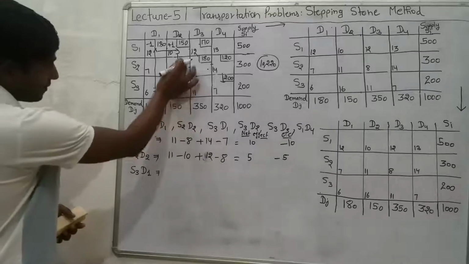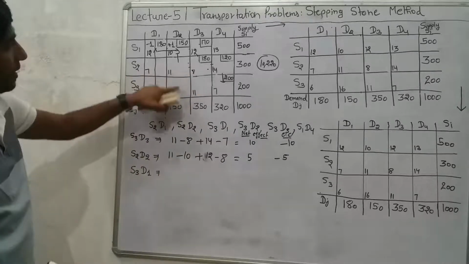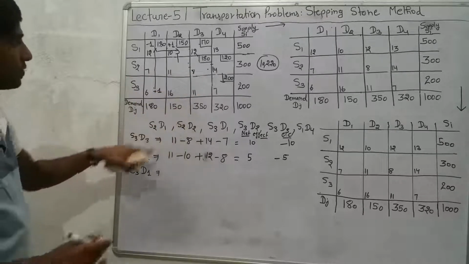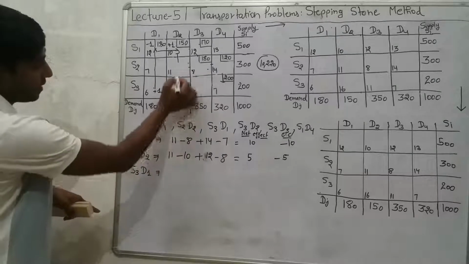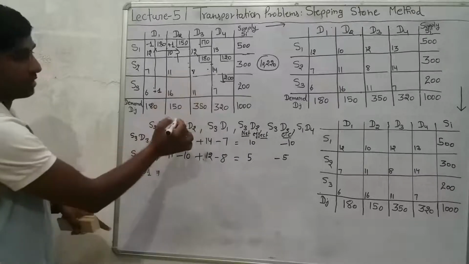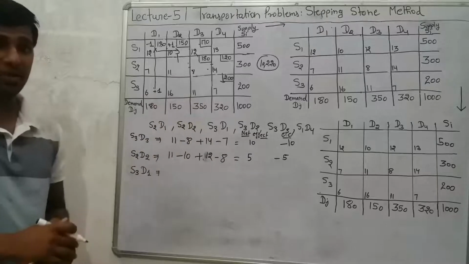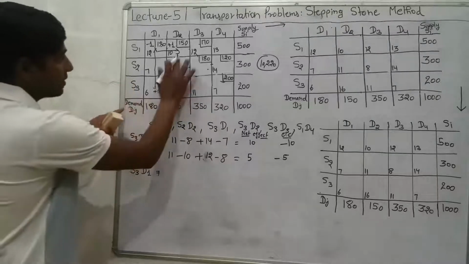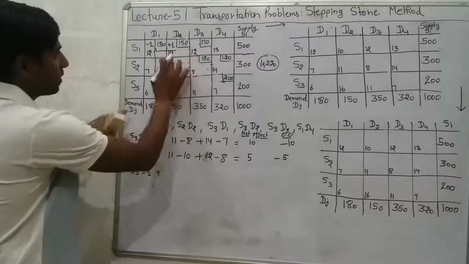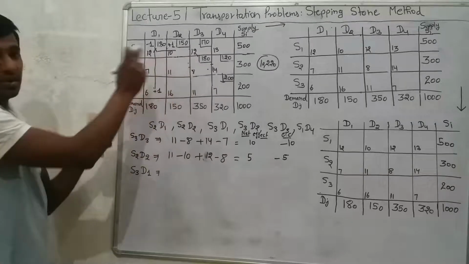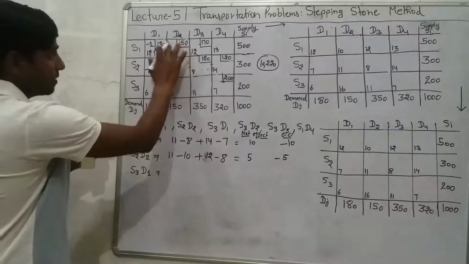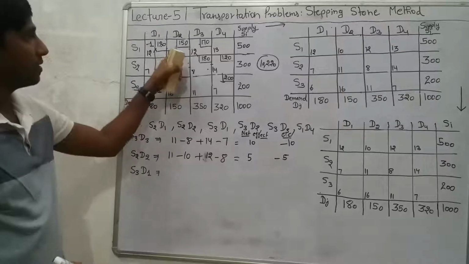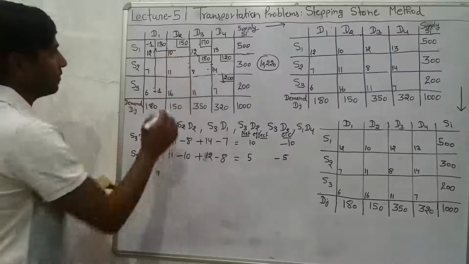Now look at the vertical side. Do you have any occupied cell? You are not going to end up in any occupied cell because there is no occupied cell in this particular column. So we are not going to stop or loop in this particular cell. We are just stepping over this cell. So where do we have to go?